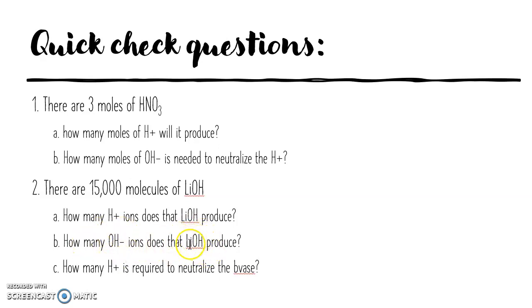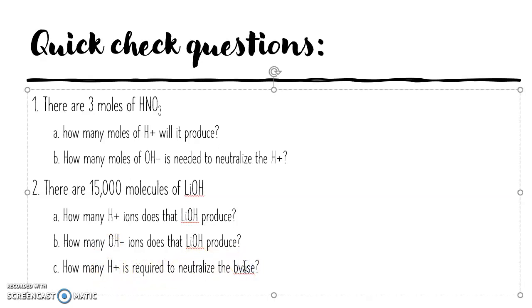It's a 1-to-1 ratio, so for every 1 lithium hydroxide, there's 1 hydroxide. So I have 15,000 molecules of lithium hydroxide, and I'm going to make 15,000 ions of OH minus. And that means I need the exact same number of hydrogen ions to neutralize that base. Okay?